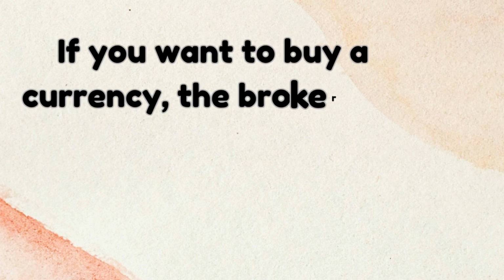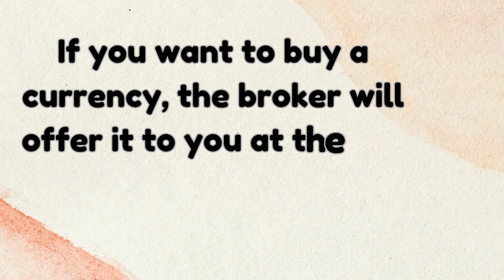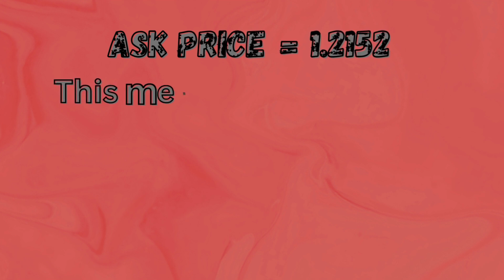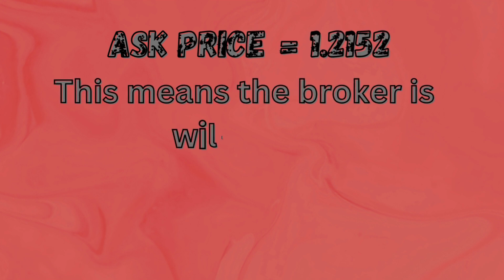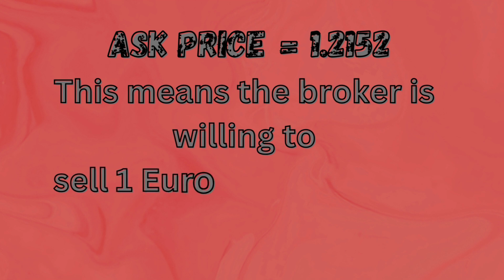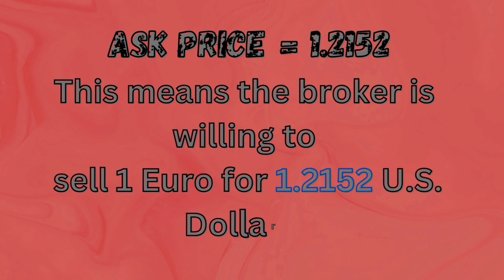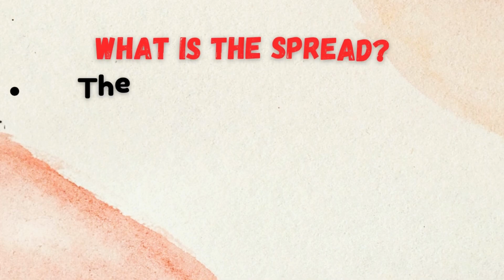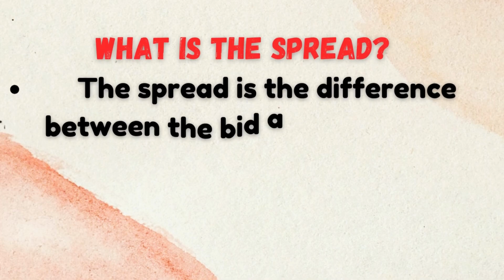If you want to buy a currency, the broker will offer it to you at the ask price. Say the ask price is 1.2152. This means the broker is willing to sell 1 euro for 1.2152 US dollars.